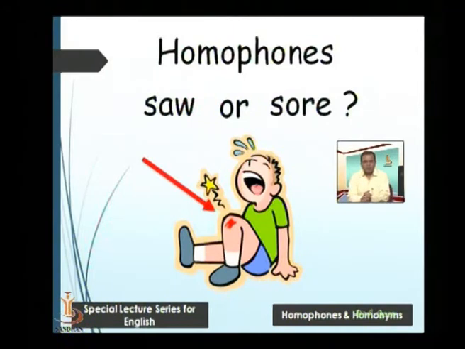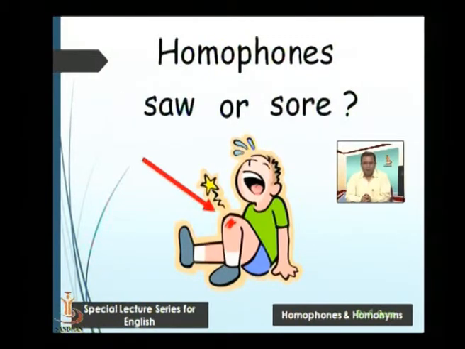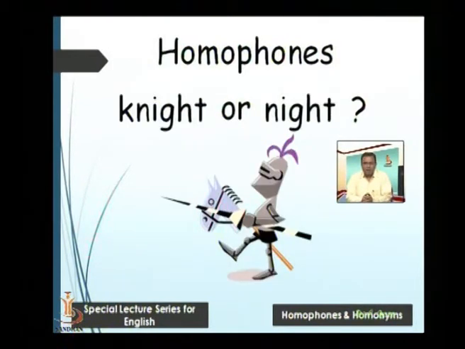Now this is very interesting. You have to look at the picture and see which word you will use here. The picture is that a boy is there and there is some injury on the knee. Which word will you use? Saw, S-A-W, or sore, S-O-R-E. Then there is night, knight.